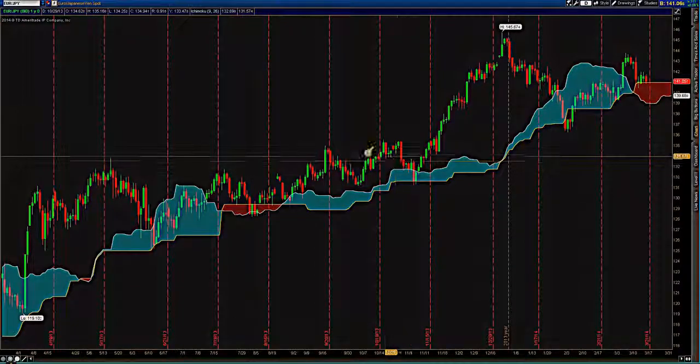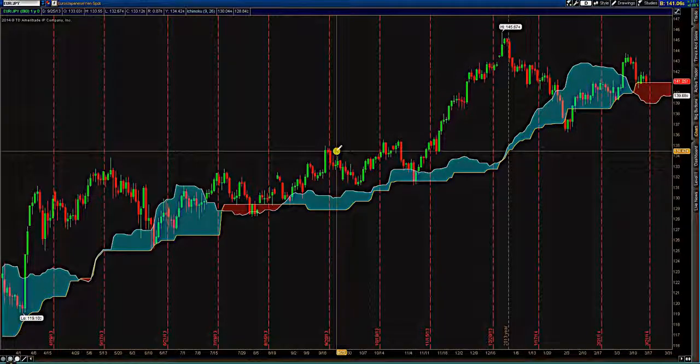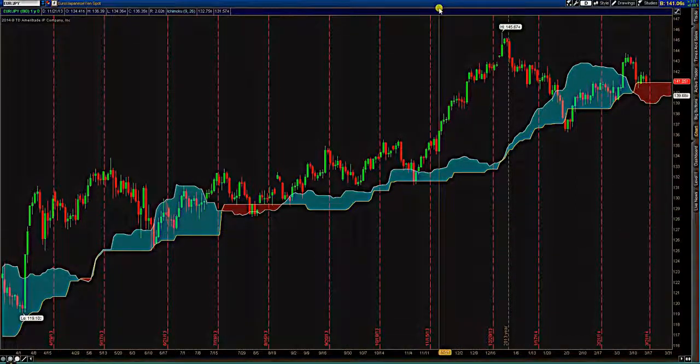Look at where price action is relative to the cloud. Above it, bullish, look to go long. Below it, bearish, look to go short. You should work from the top on your way down. Look at the weekly and daily to determine whether it's bullish or bearish, and then look for the 4-hour, 1-hour time frames in order to get in that trade.